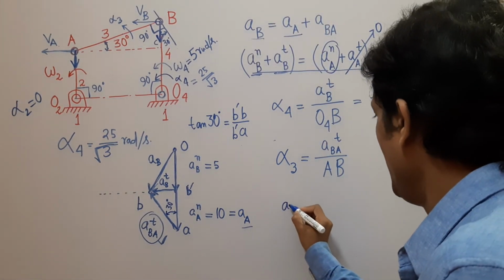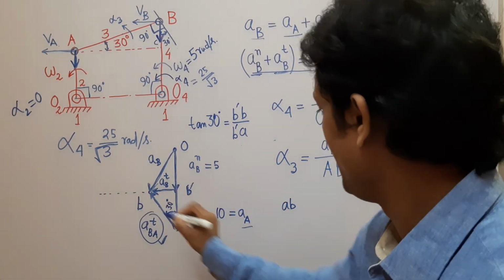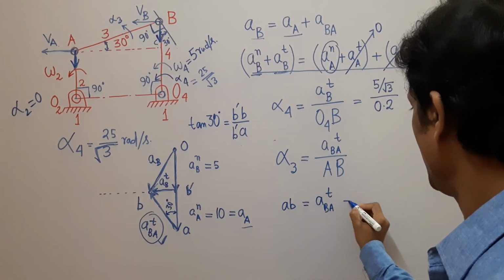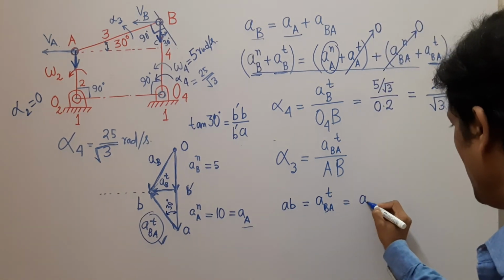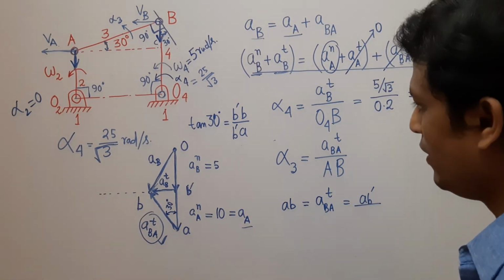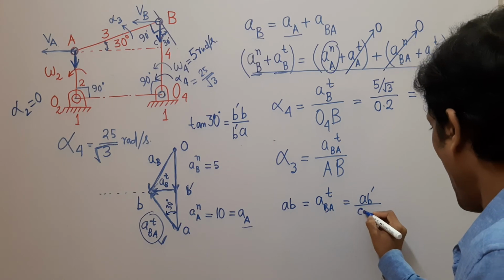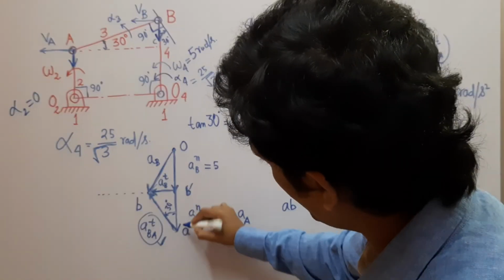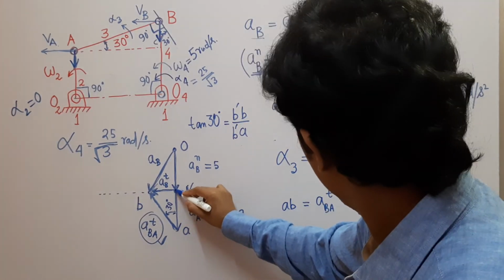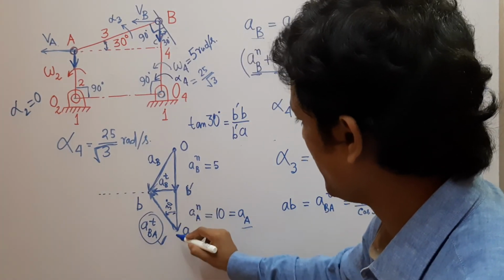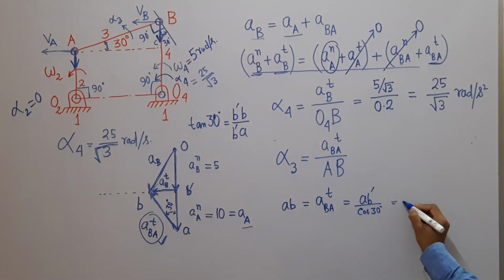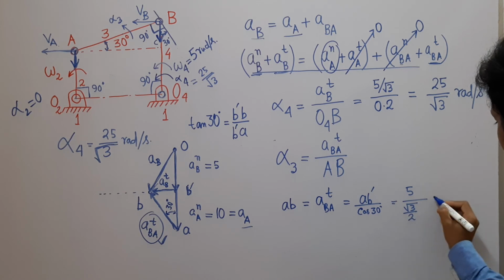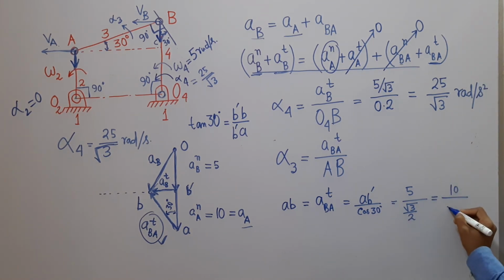From this vector diagram, small ab is ABAT, which will be AB prime by cos 30 degree. Cos of this 30 degree is equal to B prime A divided by AB. So 5 is known, and cos 30 is root 3 by 2. So this is 10 by root 3.